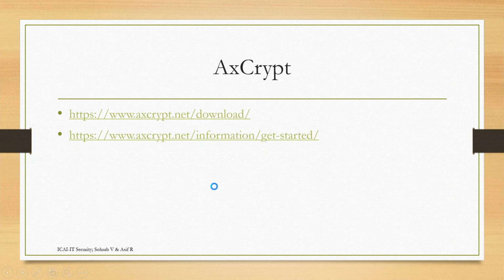You have to install. You have to create an account on AX. While opening, it's asking for the password. Try to guess the password. I'm not going to tell you.